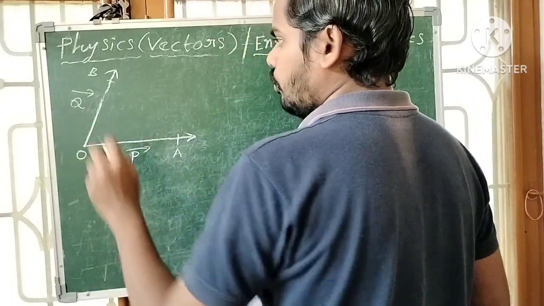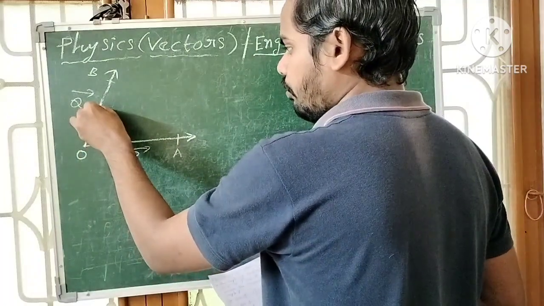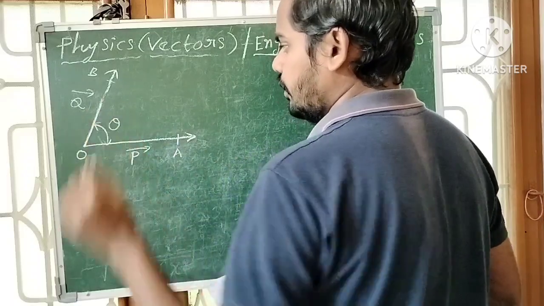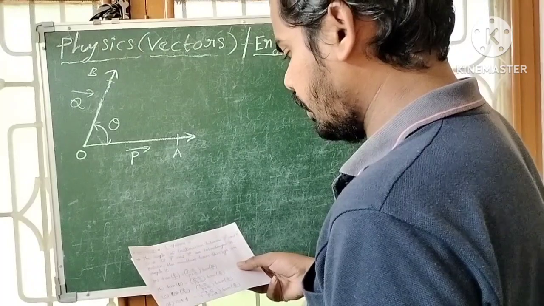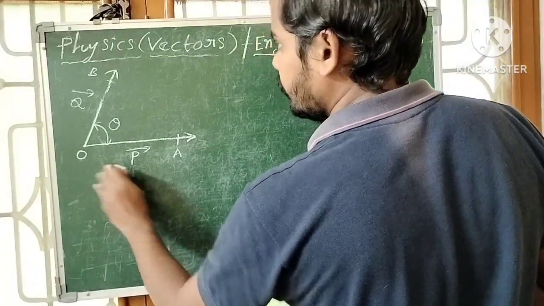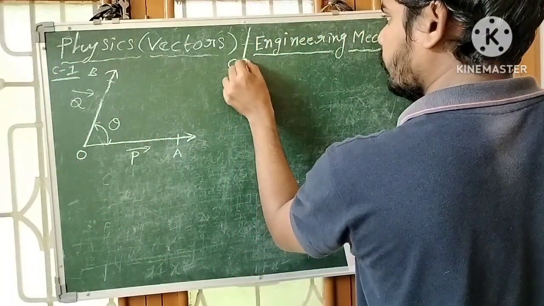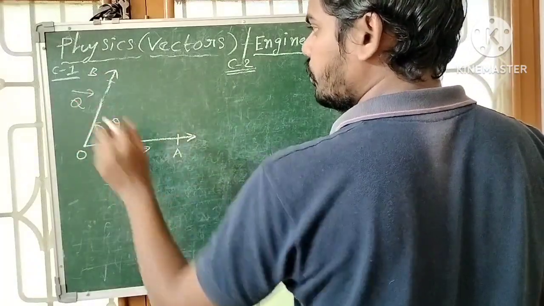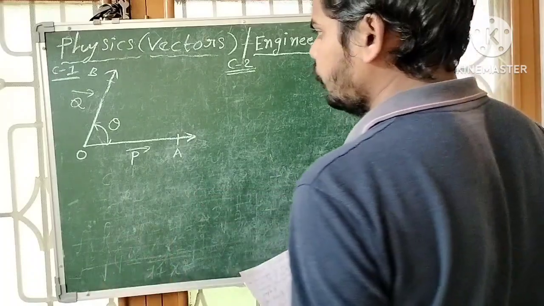So here p bar and q bar are two vectors, and angle between p bar and q bar is theta, given angle theta. If p bar and q bar are interchanged in position, so this is case 1, and case 2, so here OA is p bar and OB is q bar. So here p bar and q bar are interchanged in position.